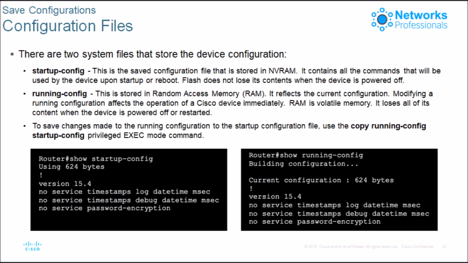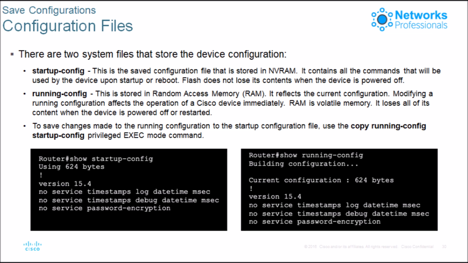To save changes made to the running configuration to the startup configuration file, use the copy running-config startup-config privileged exec mode command. Some short commands and short keys can also be used for saving the configuration file, but those commands do not work in the examination hall. If power to a device is lost, or if a device is restarted, all configuration changes will be lost unless they have been saved.